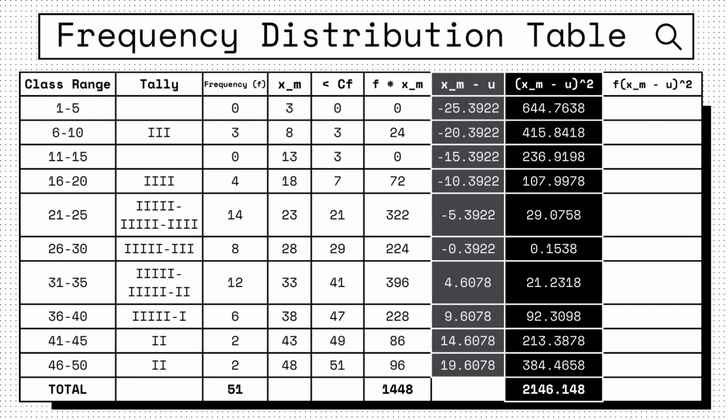415.8418. For the third one, we have negative 15.3922, which is equal to 236.9198. For the fourth one, we have negative 10.3922 squared, which is equal to 107.9978.